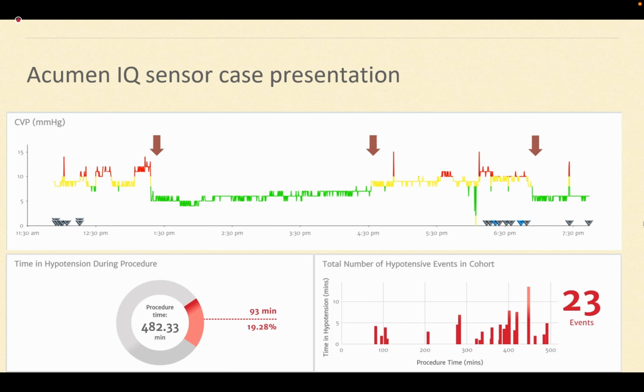From the POINT-2 trial, we know that new-onset hypotension occurs intraoperatively. In the POINT-2 trial, around 35% was new-onset hypotension.